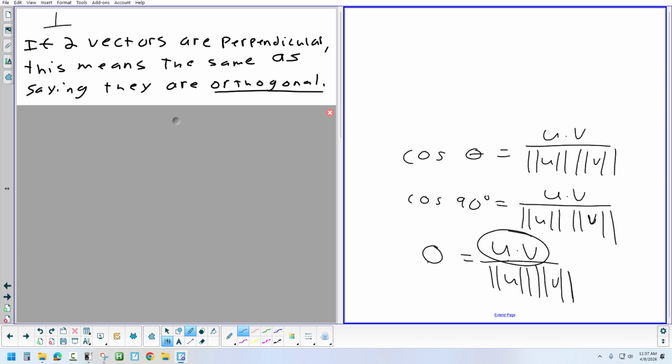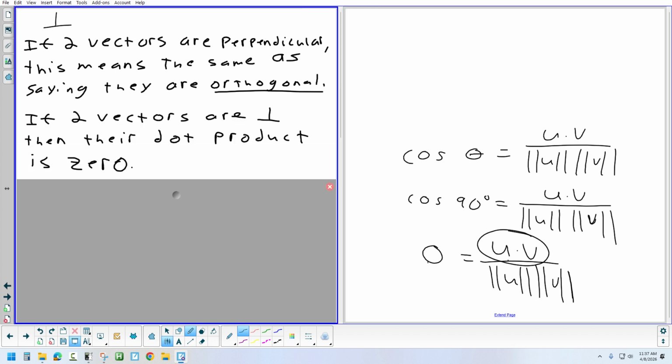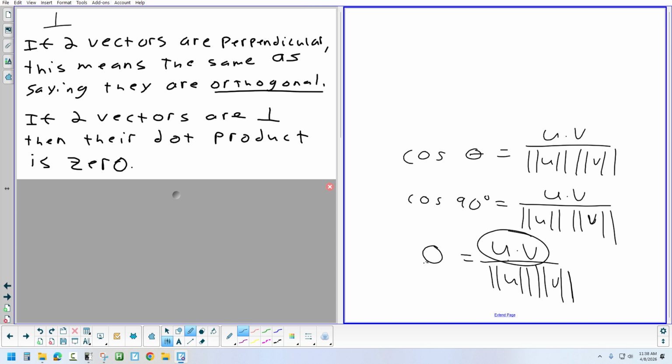So when two vectors are perpendicular, we don't have to worry about the bottom at all. All you have to do is check, is the top 0? And what's in the top? The dot product. If the dot product comes out to 0, that's going to force the entire fraction to come out to 0. And if the fraction comes out to 0, that means you must have had an angle of 90 degrees.